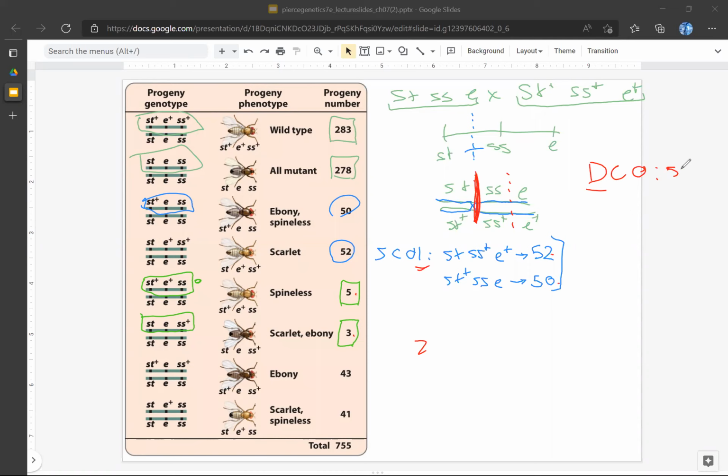So those were 5 and 3. And so in order to find the frequency, we just add the number of individuals that saw a crossing over event at the first locus.